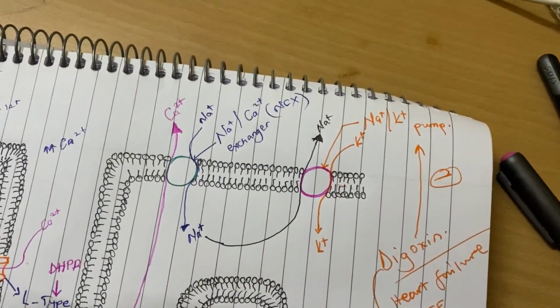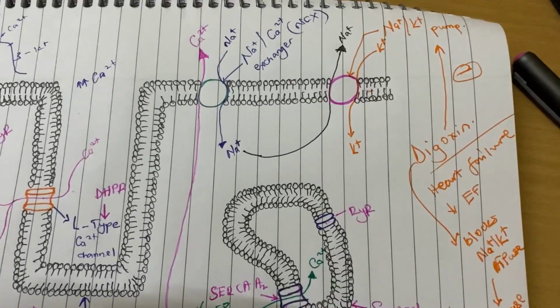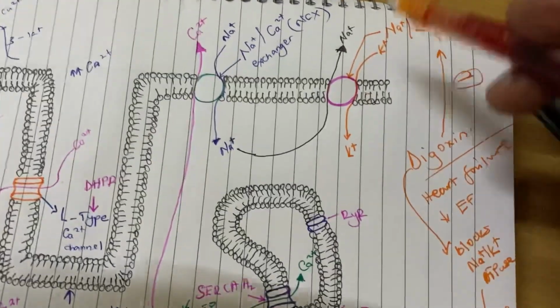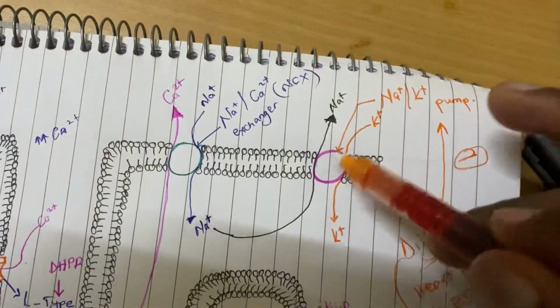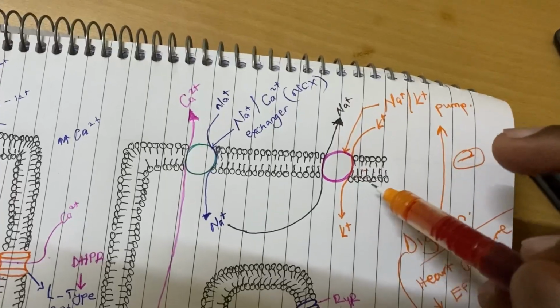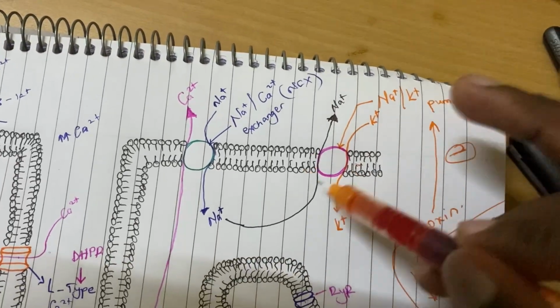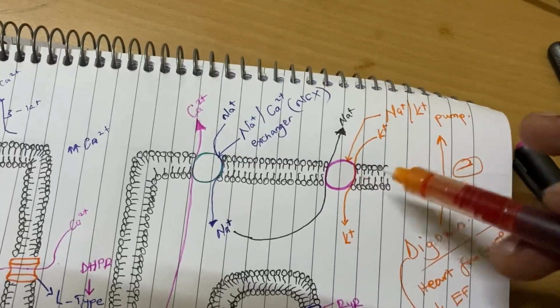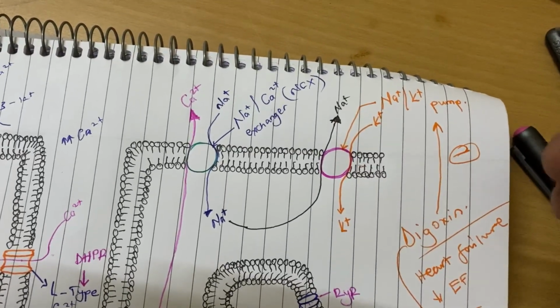Another clinical consideration: because this pump uses ATP, anything that reduces ATP generation is going to switch it off. One is ischemia, myocardial ischemia, like blockage of coronary arteries.